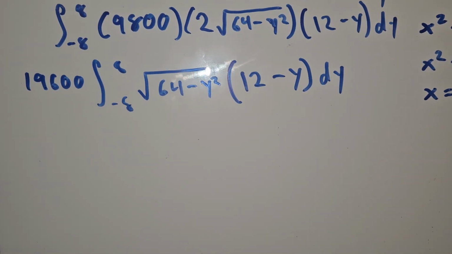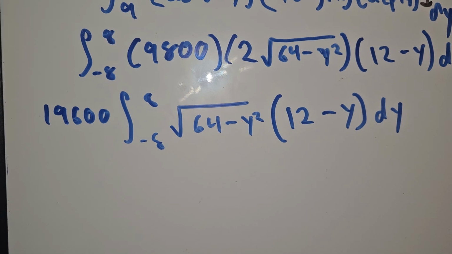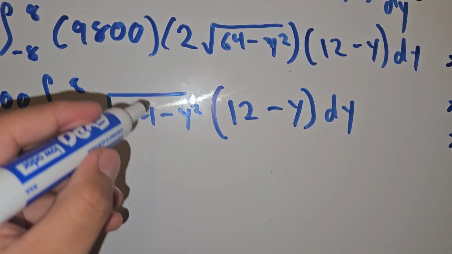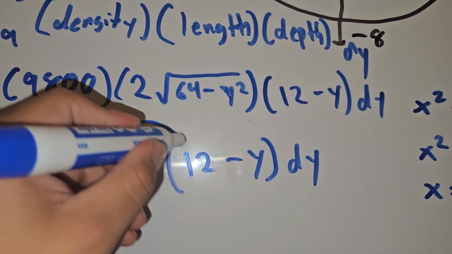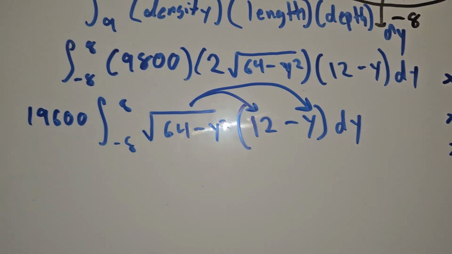Okay, so it's 19,600. Now we have to solve this integral. We are going to distribute this to the 12 and this to the y, so that way you can have two integrals.